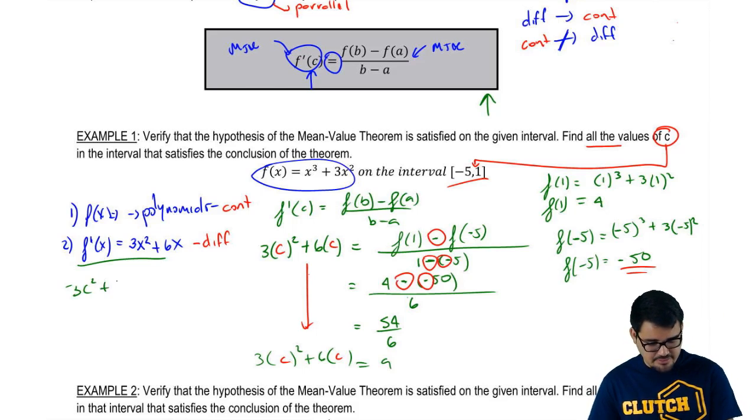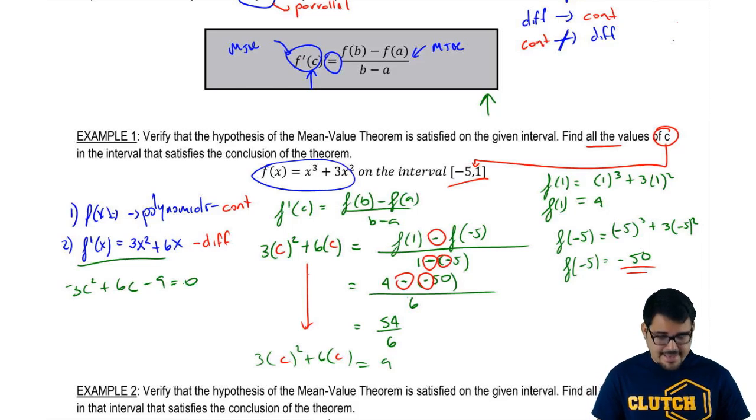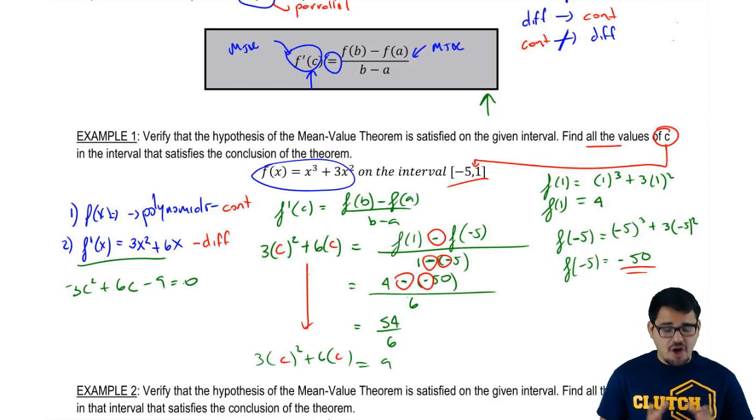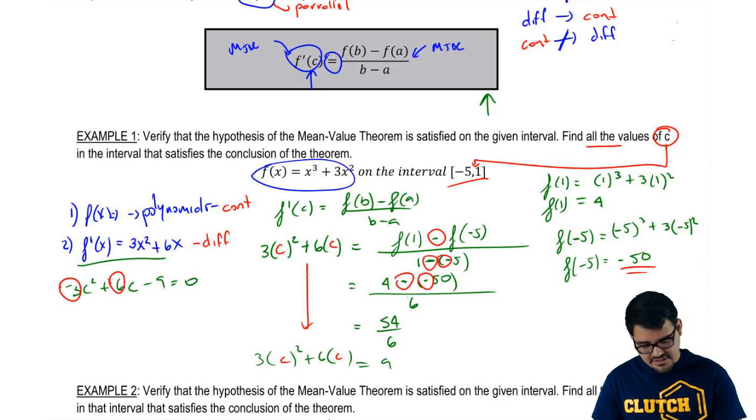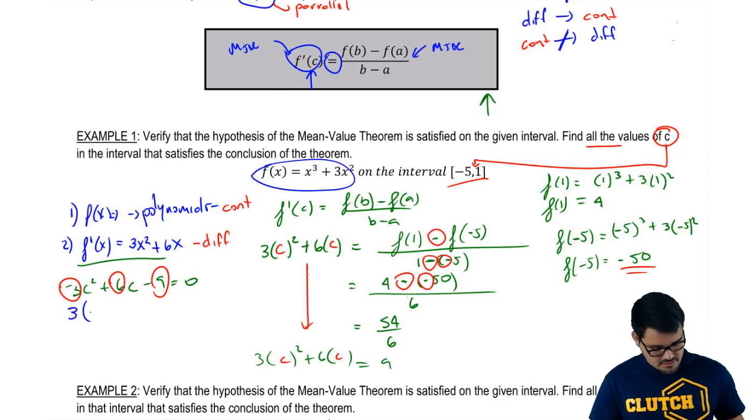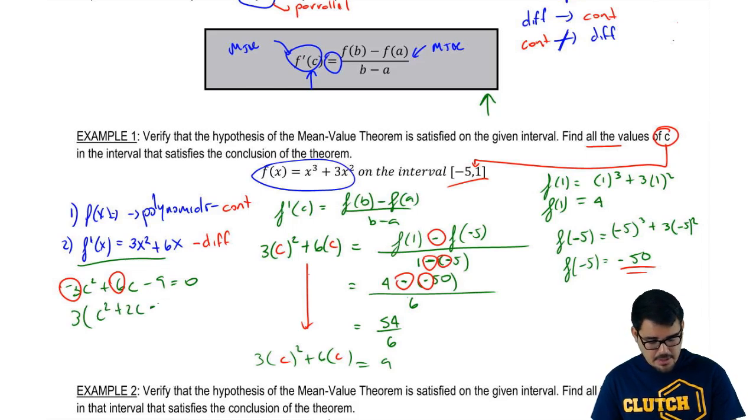Let's get rid of the red, you guys get the point. We're looking for c. Before I even factor, I notice that all my terms here have a 3. Here I have 3, 6, and 9, and I can take out a 3 from all of those. So I'm going to do that, while changing color: 3c squared plus 2c minus 3.